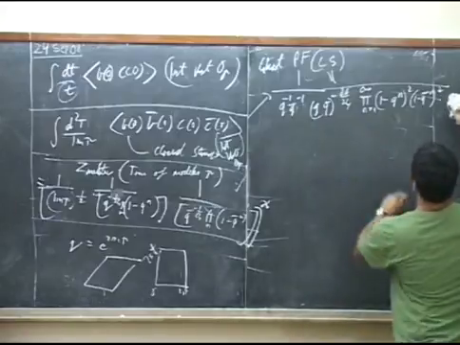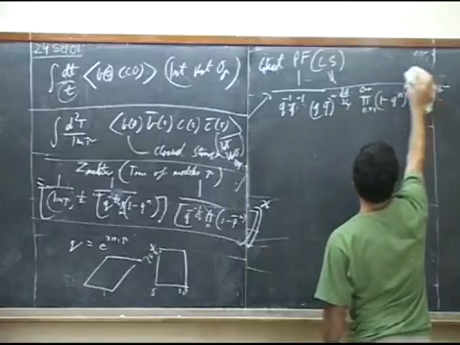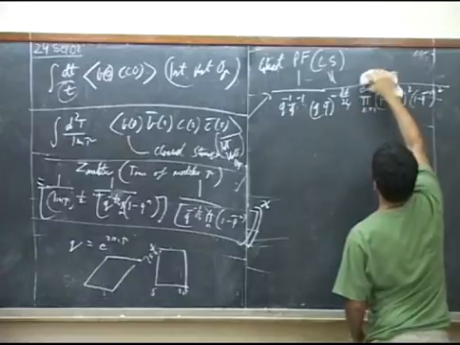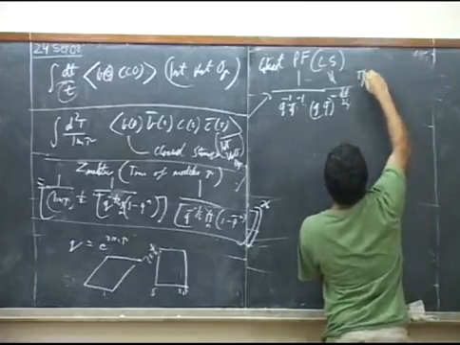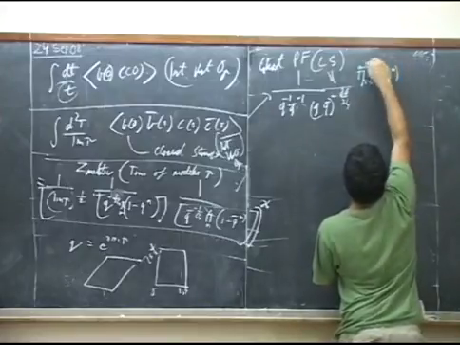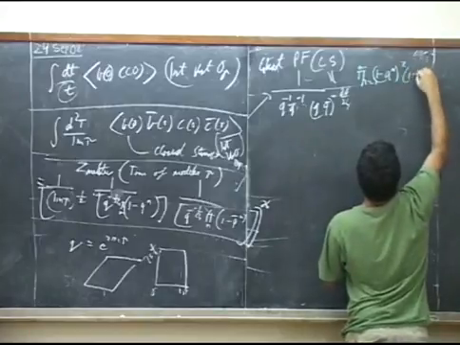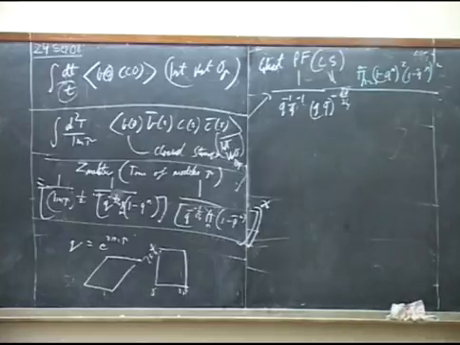Part of the reason you're not getting it right is that I said it wrong. Let me get it right here. This should be in the numerator. Sorry. Let me remind you.